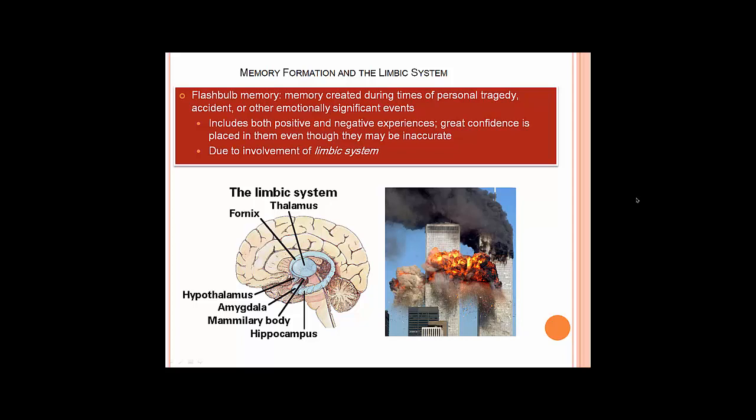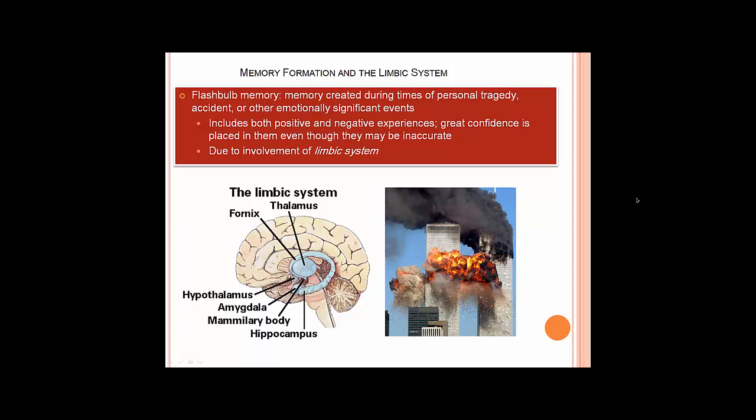A flashbulb memory evokes not just a description of it, but the full entourage of the memory, including the sounds, the fear, and all the other emotions that were experienced during that event, and probably even the sights, the smells, and everything else. Depending upon the strength of it, this flashbulb memory can really bring you down. And these things, though, can include both positive and negative experiences.